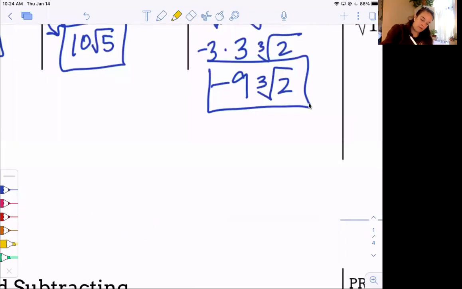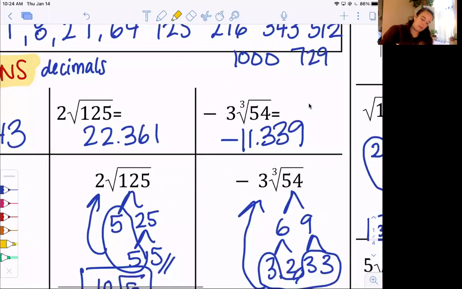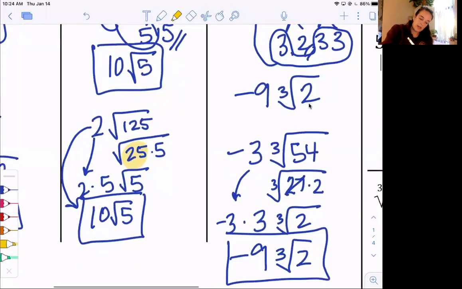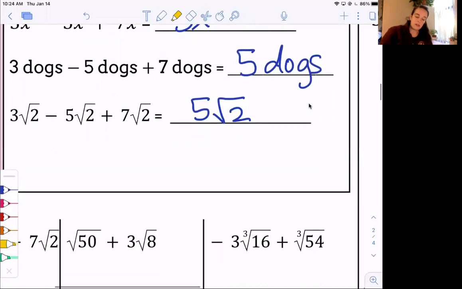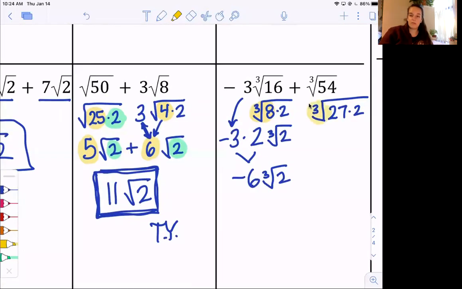So we have the 3 and 27. Wait for this to catch up. So the cube root of 27 would be 3, and that 2 is left over inside. So cube root 2. And adding them together.